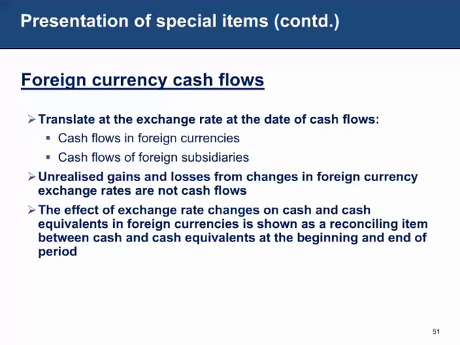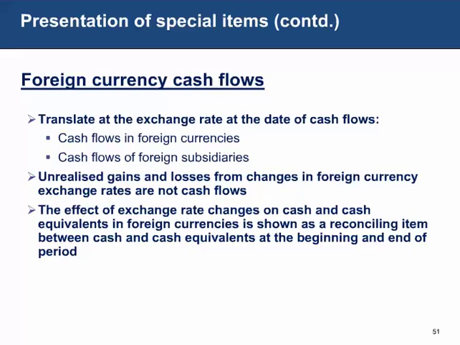Now a case comes of if the cash and cash equivalents are themselves foreign currency denominated. How are they required to be presented in the cash flow statement? In that scenario, the effect of exchange rate changes on cash and cash equivalents in foreign currencies is shown as a reconciling item between cash and cash equivalents at the beginning and as at the end of the period.